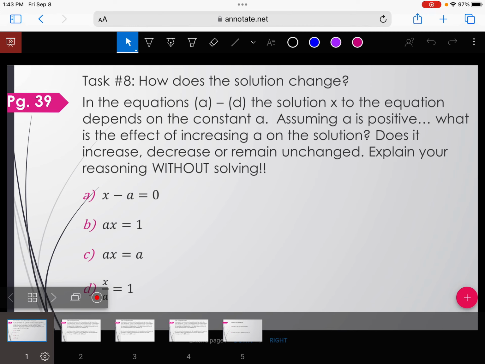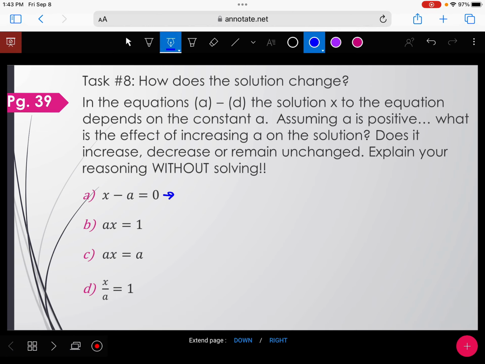So on this first one, it says x minus a is 0. So if a gets real big, what is x going to do to make it still equal 0? It's going to also have to get bigger. So you guys have way more space to write. I just smoosh it all together.